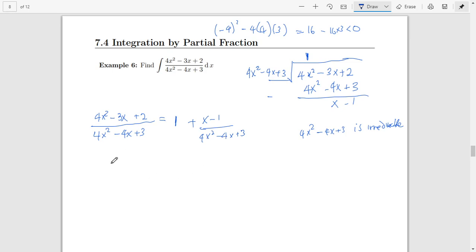So completing squares, I have that 4x squared minus 4x plus 3 is equal to, I can factor out the 4 first and get x squared minus x plus 3. This will be equal to 4 into, I'm completing the squares now.